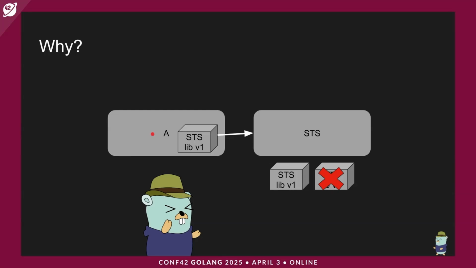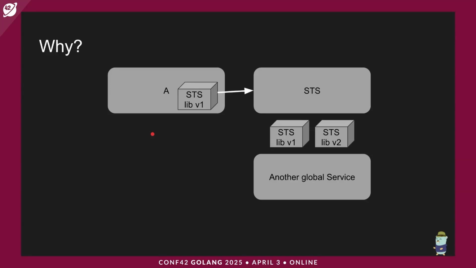And then what happened in my experience multiple times: we have another global service doing some stuff, and another team decided, okay, to help consumers, we need to implement this library to support easy plug and play.